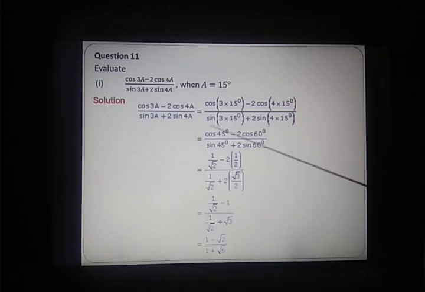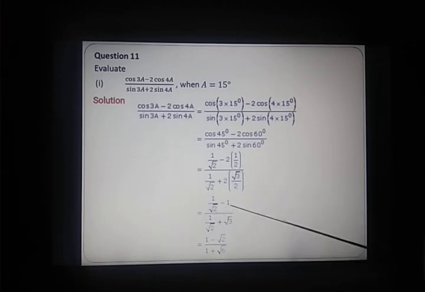Now let us put the values of cos 45 degree. So cos 45 is 1 by root 2. Similarly, cos 60 is 1 by 2. Similarly, I'll put all these values. And see here, this 2 and 2 get cancelled, so only 1 is left. Similarly, this 2 and this 2 get cancelled, so only root 3 is left. After that it's just the simplification part.